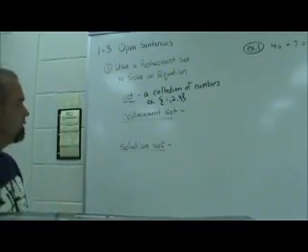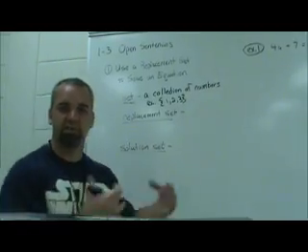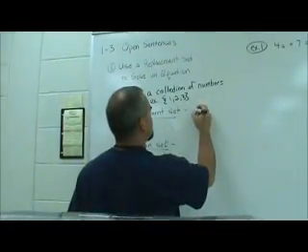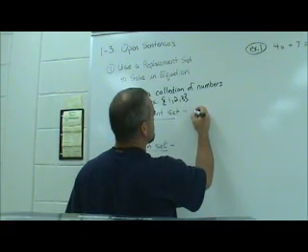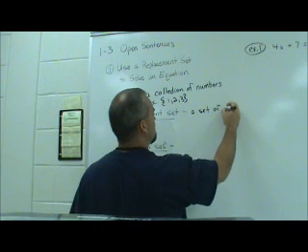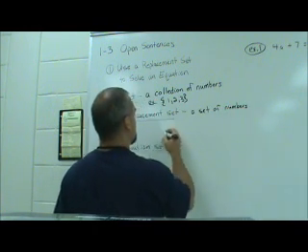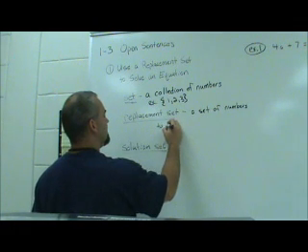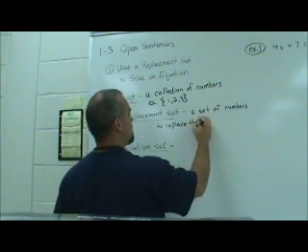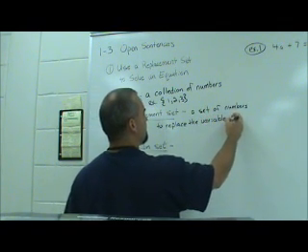A replacement set is the set of numbers that we're going to use to replace the variable with. A set, we know what that is now. And we've talked about what a variable is.